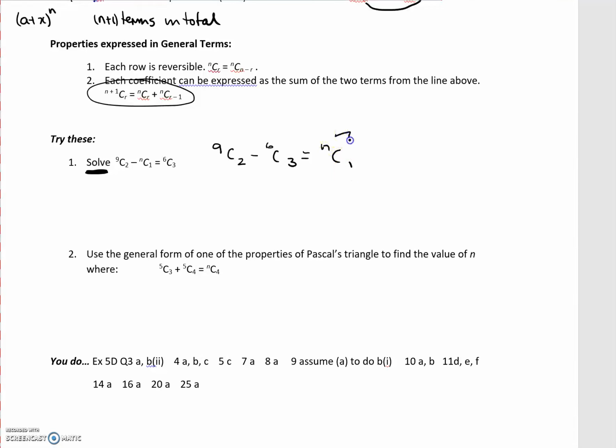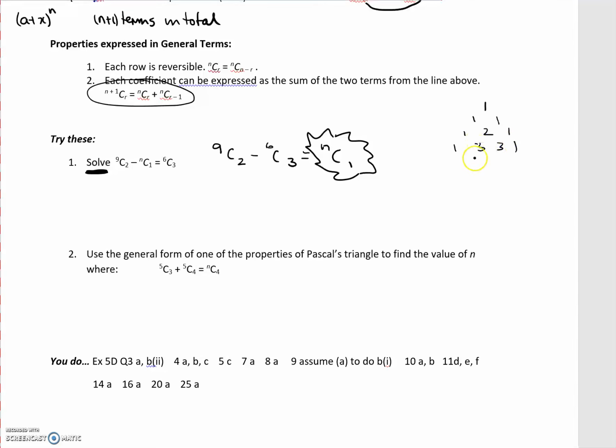Having a good understanding of nC1 will tell us that, well, from Pascal's triangle, we've got 1, 1, 1, 1, 2, 1. We know that, and 1, 3, 3, 1.